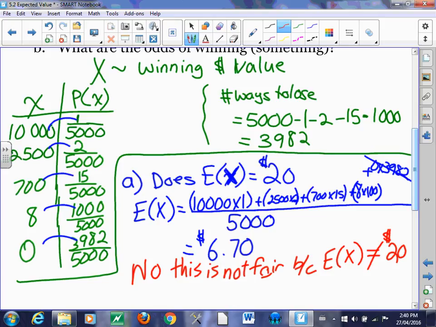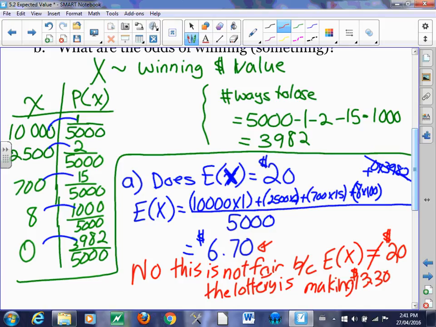Okay? Just think about it. If you take $20 and you subtract the $6.70, that means the lottery is profiting or making $13.30 per ticket. I'm going to take a moment. I'm going to plug that in my calculator if I can find it. I did find it. Good.